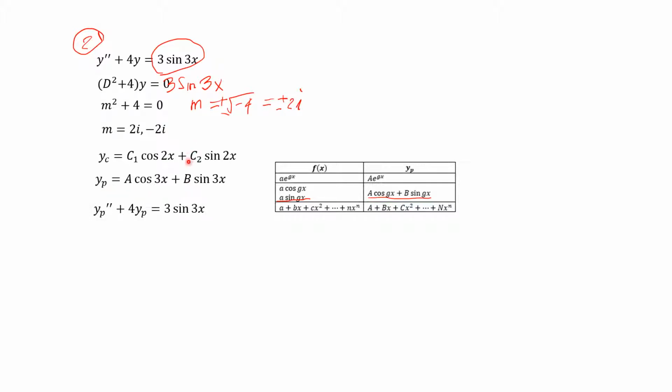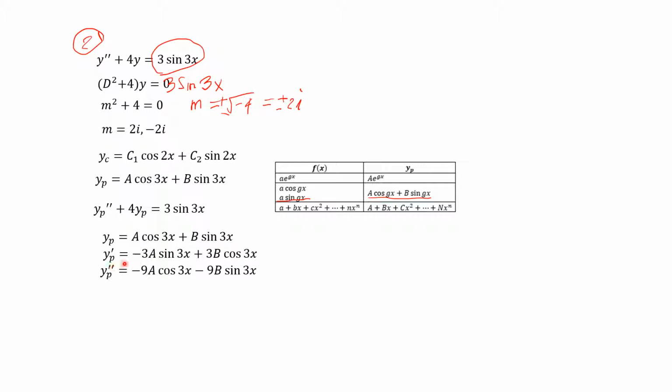Your particular solution must satisfy this differential equation here. We will just put y sub p here: y sub p double prime plus 4 y sub p is 3 sine 3x, so that we can determine the values of a and b. So we need y p prime and y p double prime. Our y p is a cosine 3x plus b sine 3x.